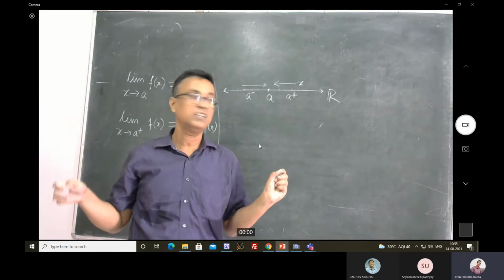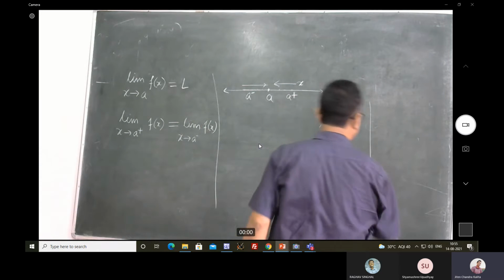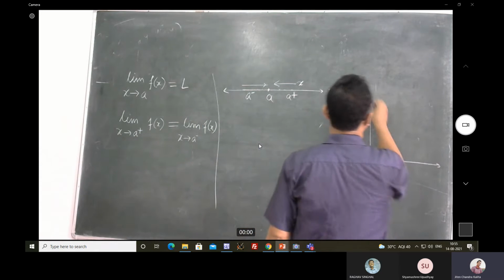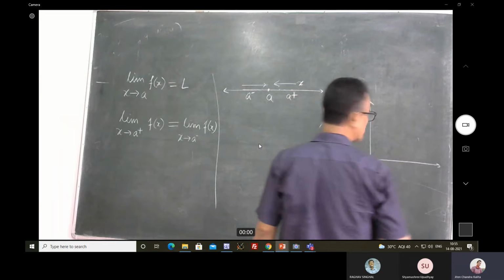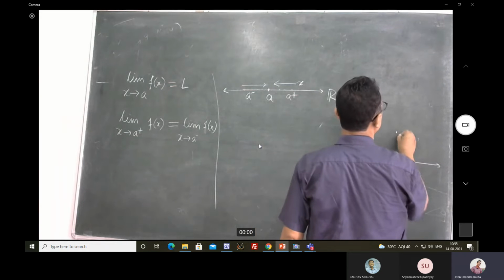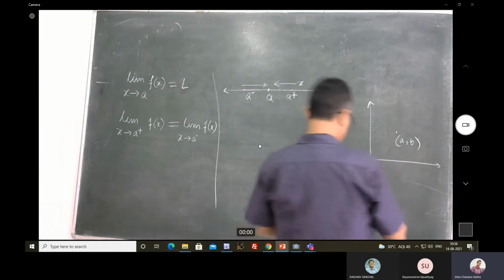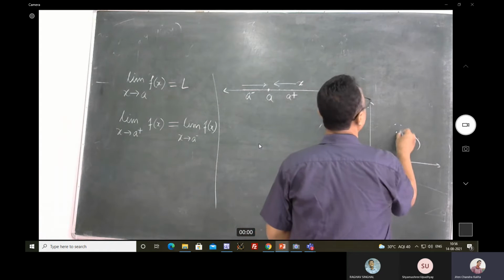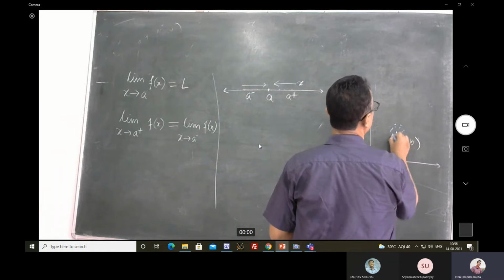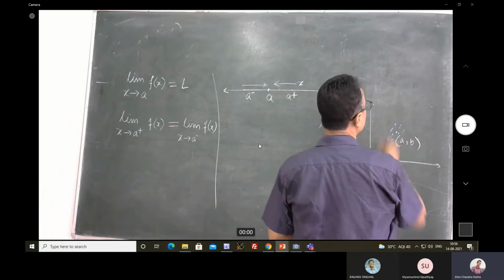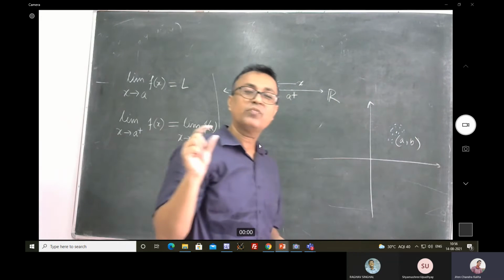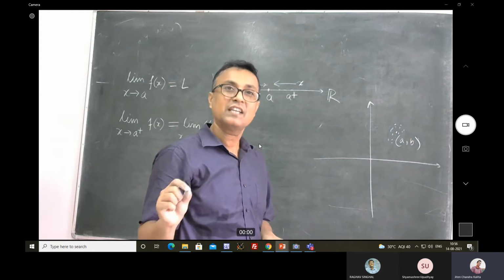But when you consider a function of two variables, say I am considering a fixed point AB, and I take all the neighboring points of this AB, because generally we consider a very small circle of radius delta centered at AB.